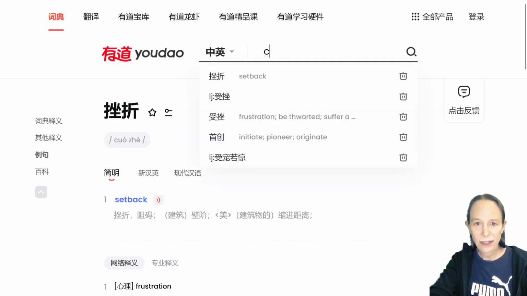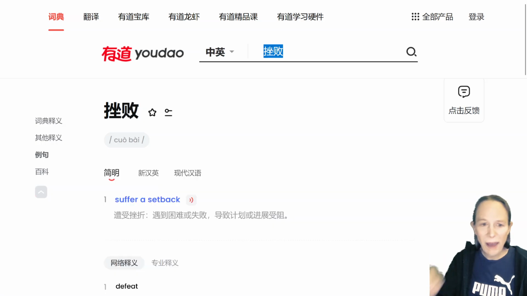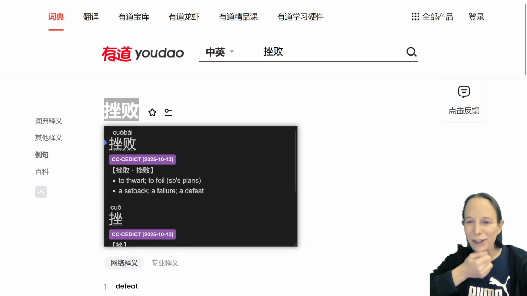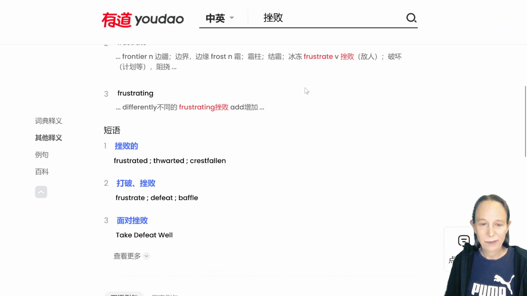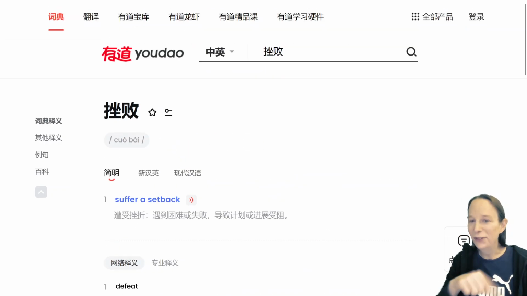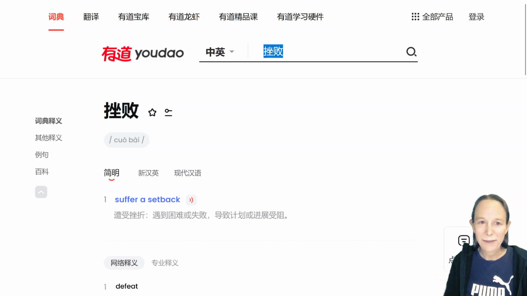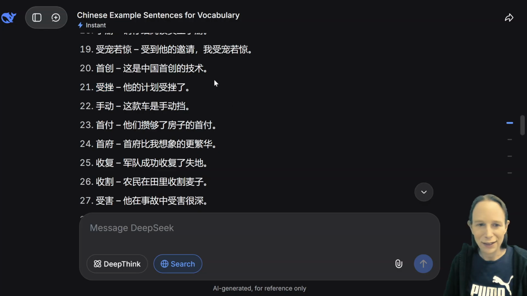Setback, 挫败 is it? Wait, I get my tones wrong on that one. 挫败. Maybe it's this one. 受到挫败. Yeah, if it was in the dictionary, the definition would be probably one of those, or maybe 遭受 instead of 受到.